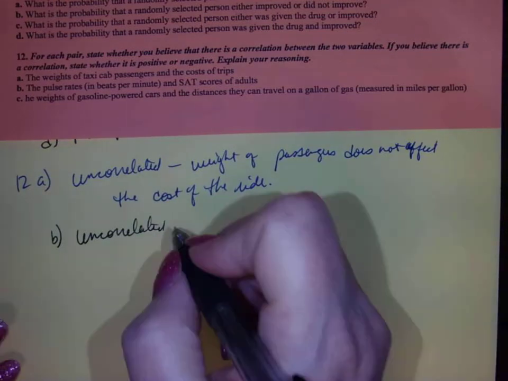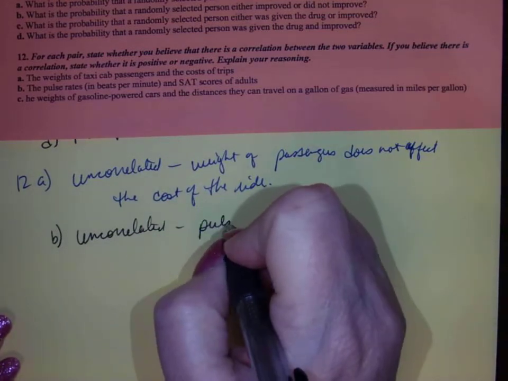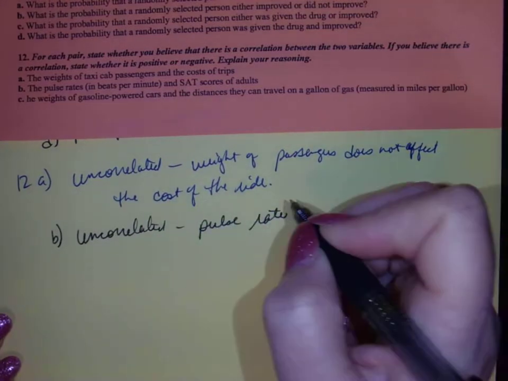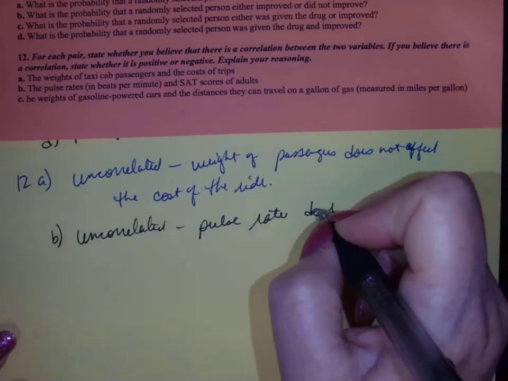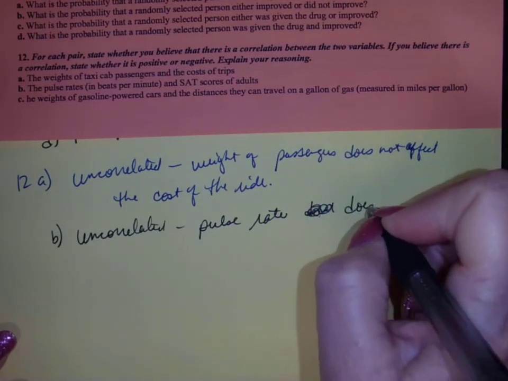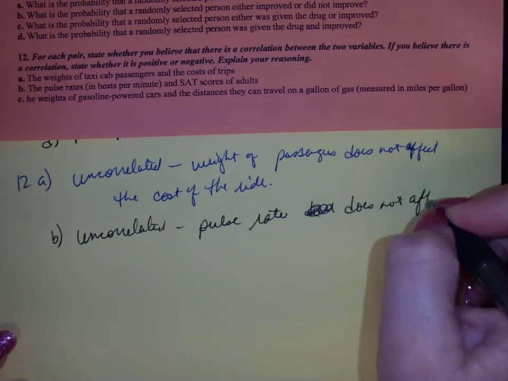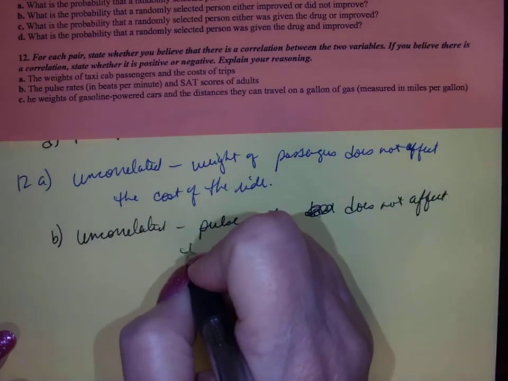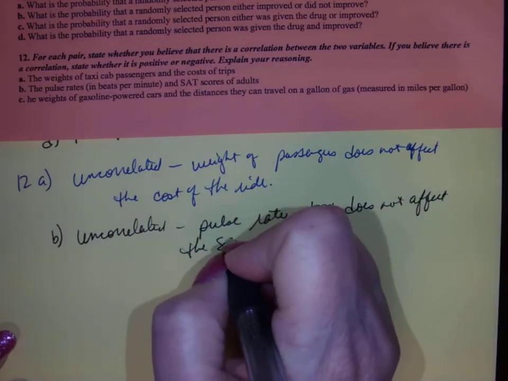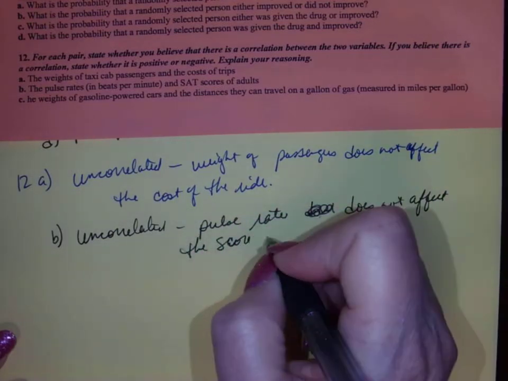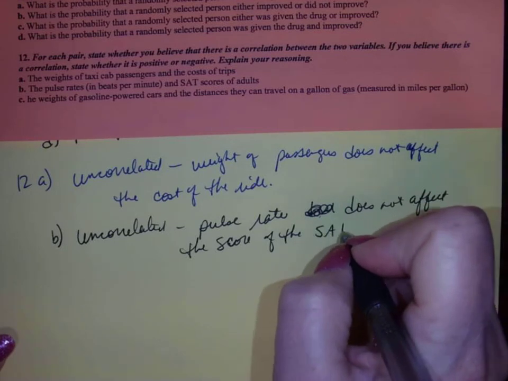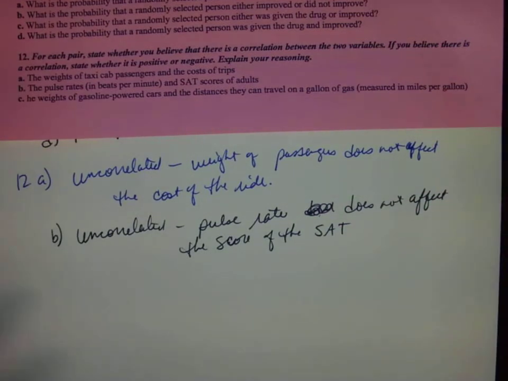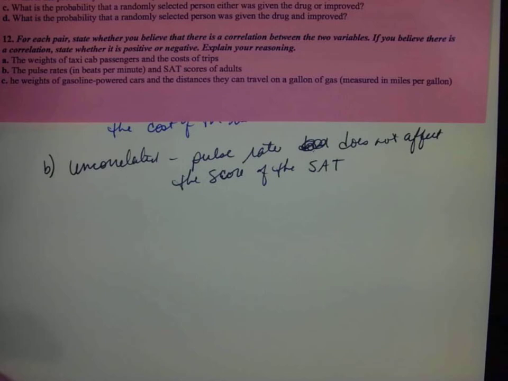So the pulse rate does not affect the score of the SATs. Okay. Depending on what their pulse rate is doesn't mean it's going to change the score when they're looking at their scores.